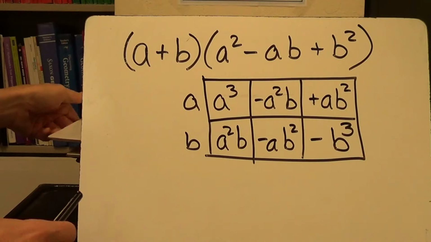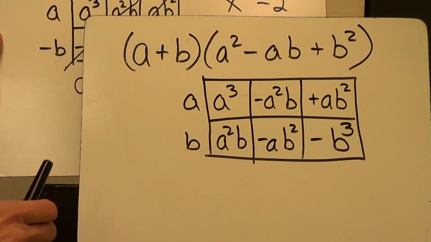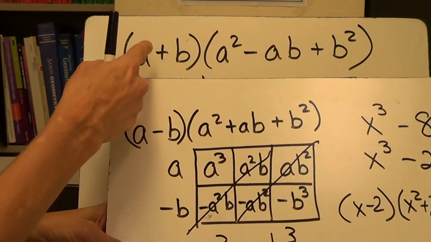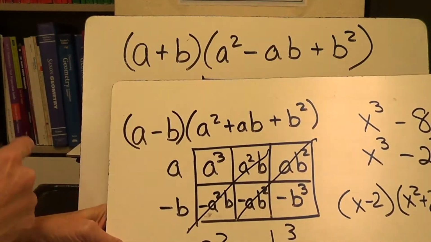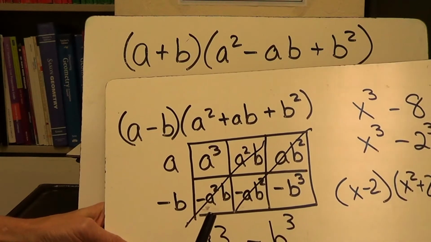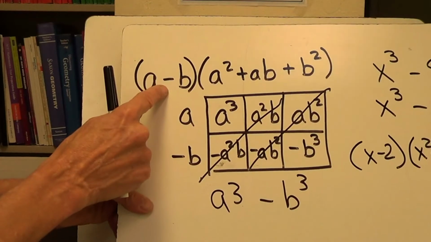Here's another one. Now look at the difference between those rules. What we're doing is a plus b this time instead of a minus b. We've just moved the minus over here. What's cool is this front one matches the perfect cube. Okay? Now the perfect cube has a minus in it, and so does the front one.